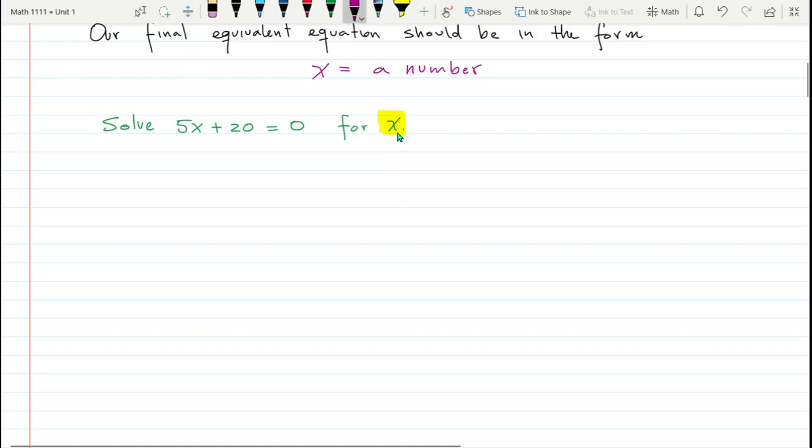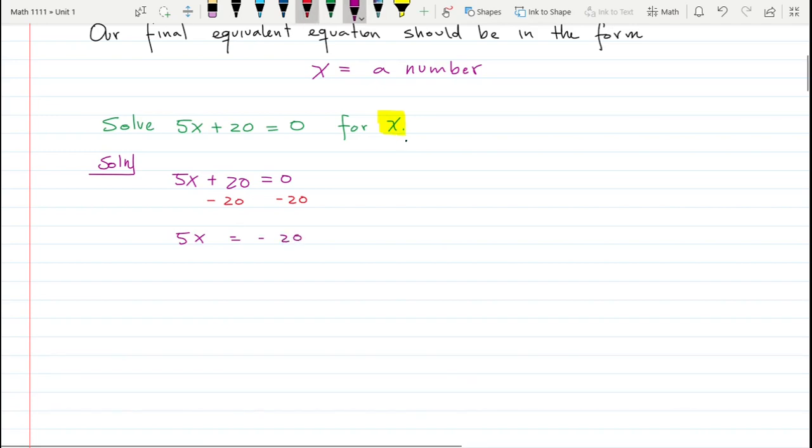So the solution would be the following. 5x plus 20 equals 0. We begin by isolating things that have nothing to do with the variable we're solving for. So move the 20 to the other side. We'll have 5x equals negative 20.